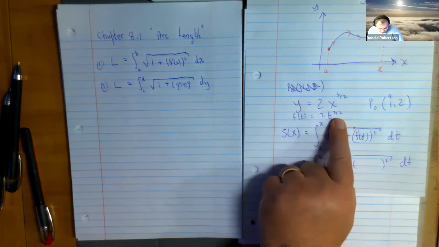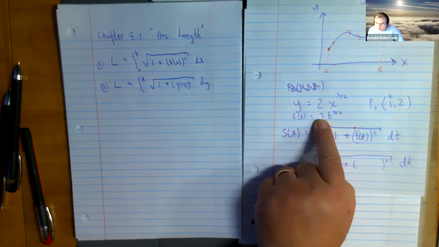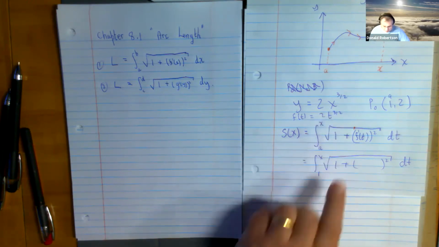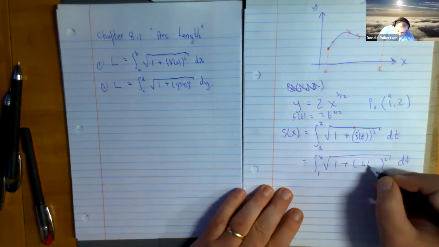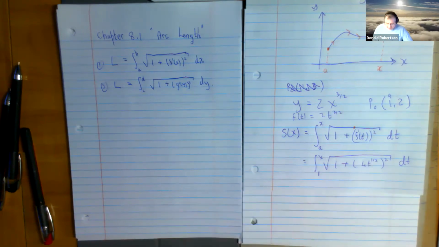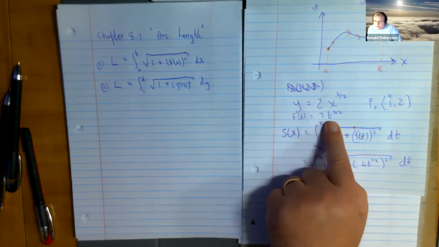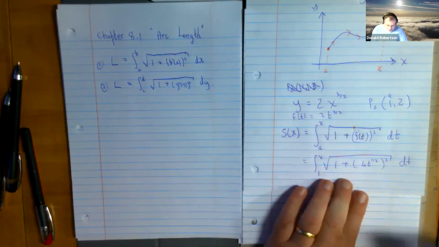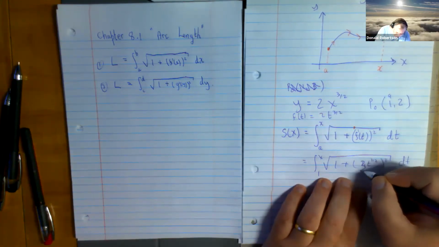If you differentiate this guy, won't you get power rule? Multiply by the number and then reduce it by 1. And that gets me 4t to the half. Are you happy where that came from? Power rule. Multiply by 3 halves and reduce the power by 1. And you shouldn't be happy because I can't count. Are you happy now?